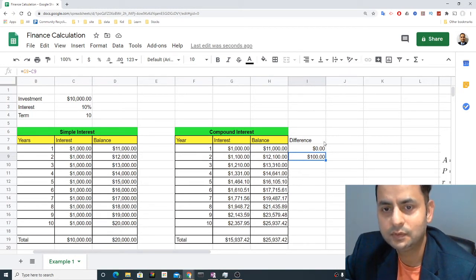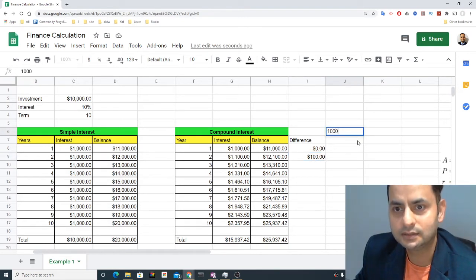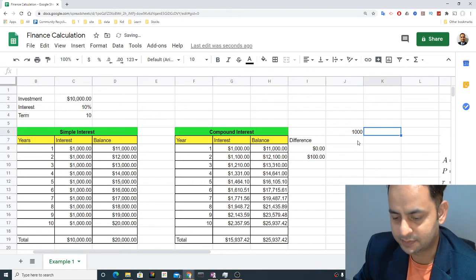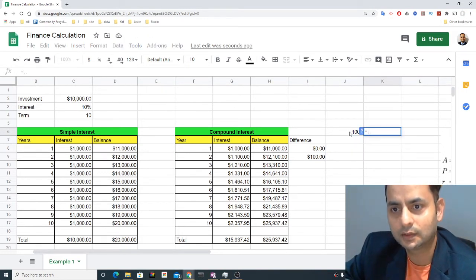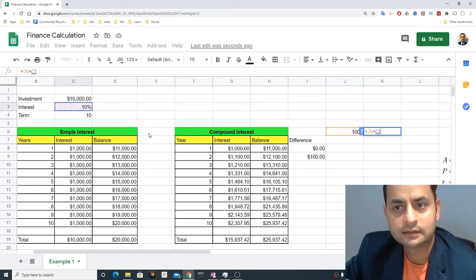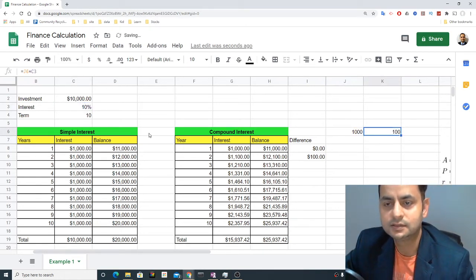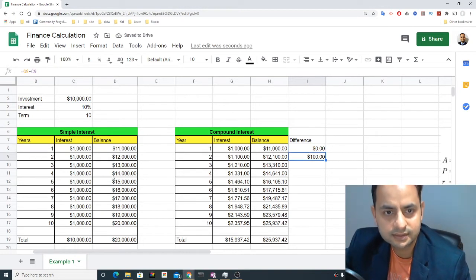It's very simple. So this $1,000 times 10%, 1,000 times 10 is 100, right? So that's how we get it. This is for the second year.